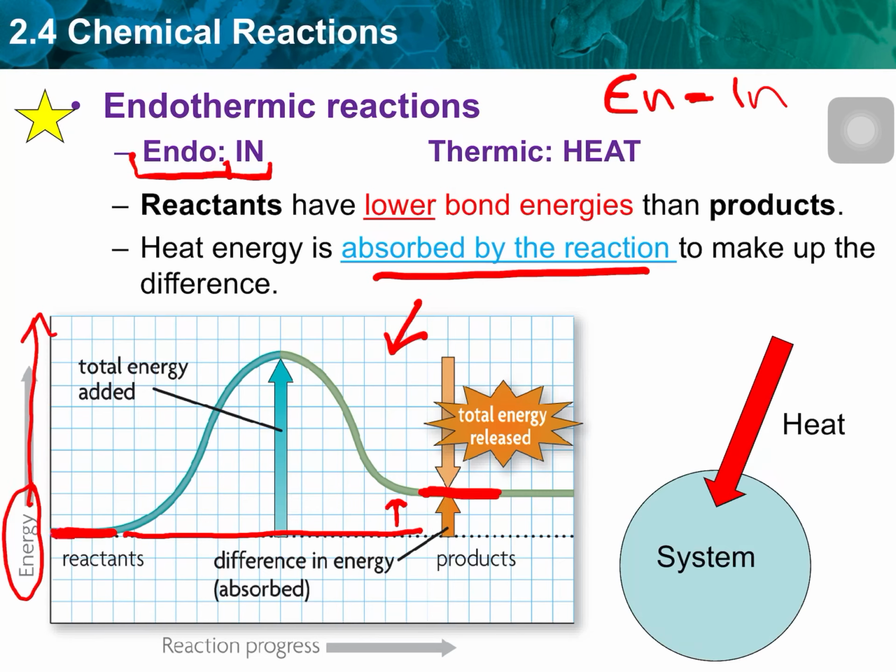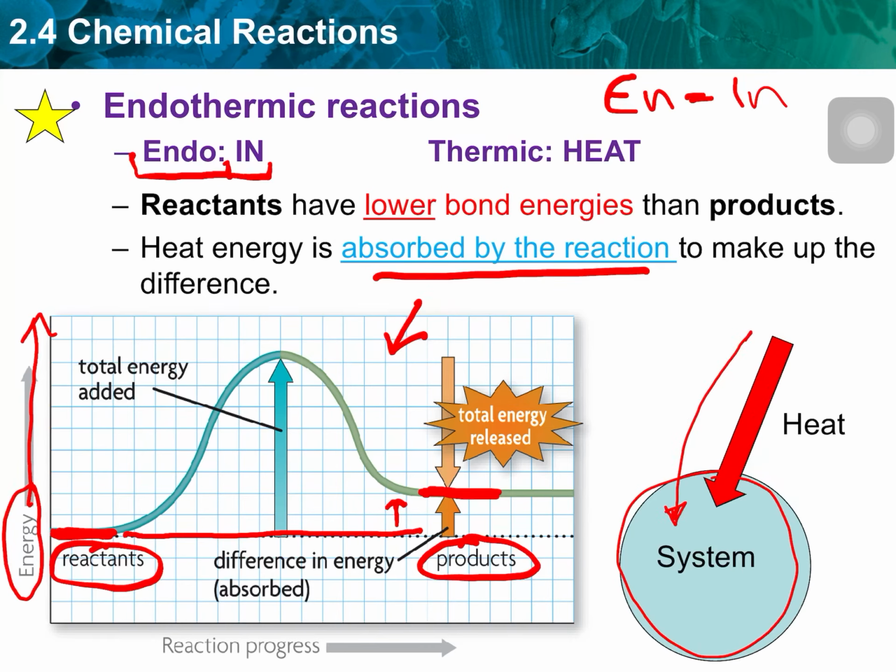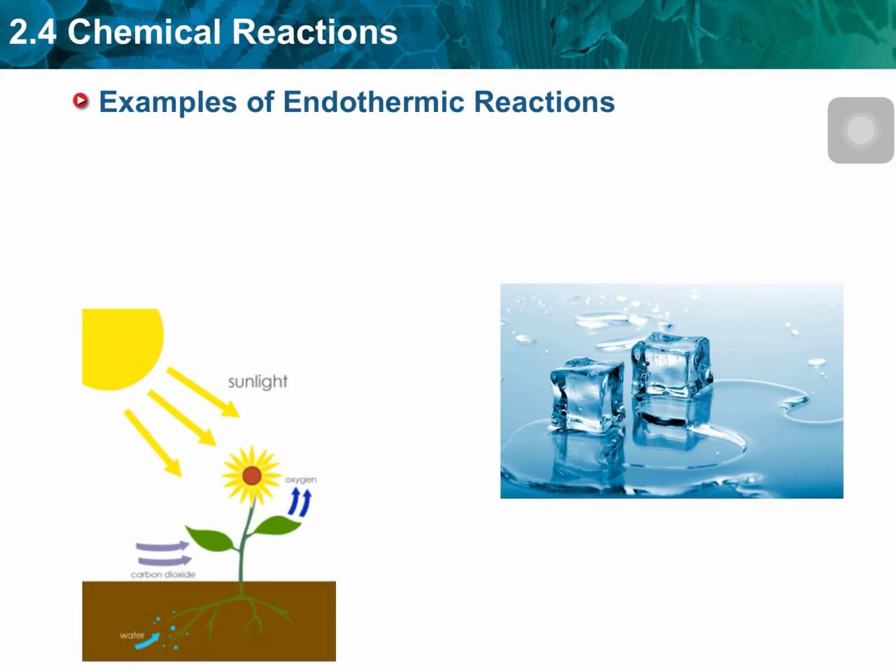So reactants are lower than my products. The heat or the energy went in. So if I have a system and it's endothermic, it's absorbing heat.